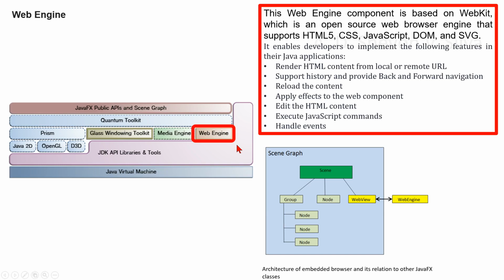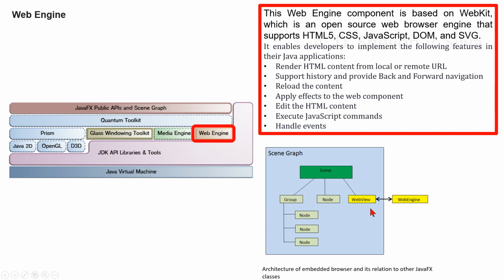Here you can see the architecture of the embedded browser and its relation to other JavaFX classes. Here you can see the scene graph. In JavaFX, WebView is a mini browser, also called an embedded browser, that provides a web viewer and full browsing functionality through its API in a JavaFX application.